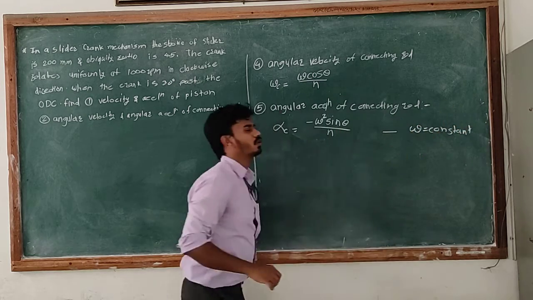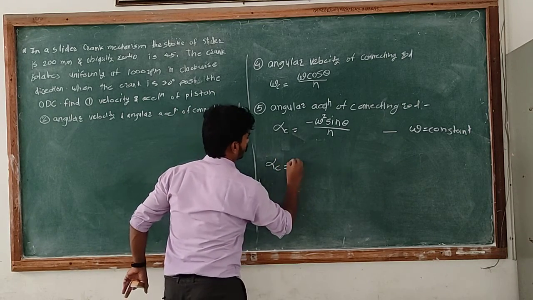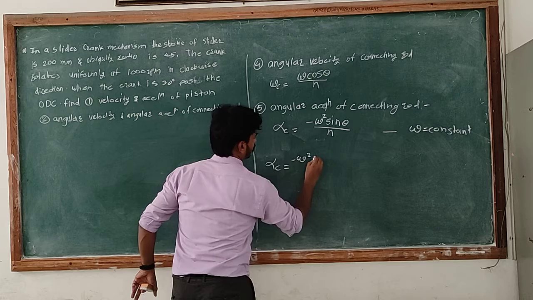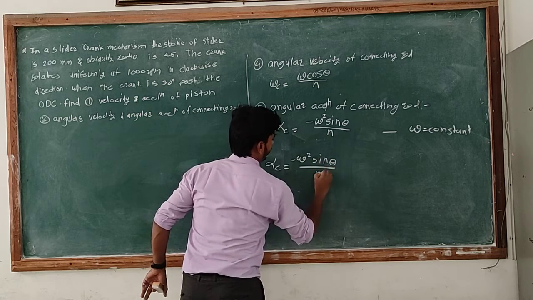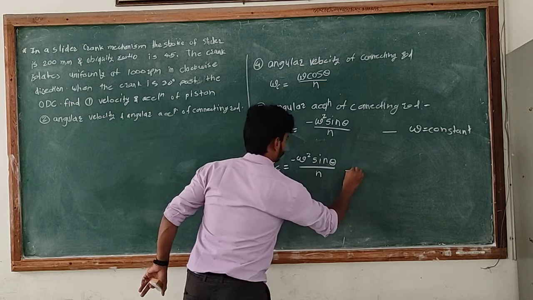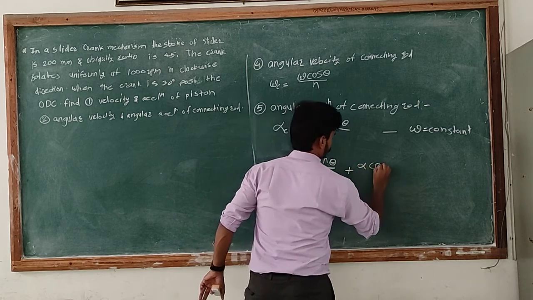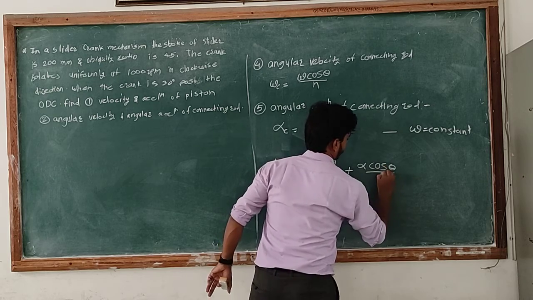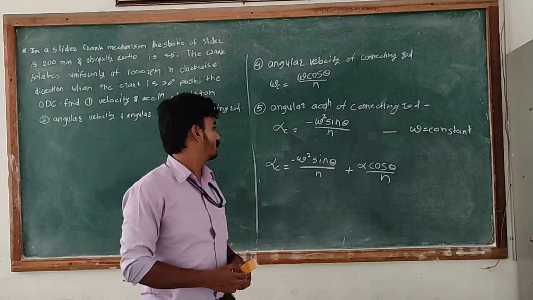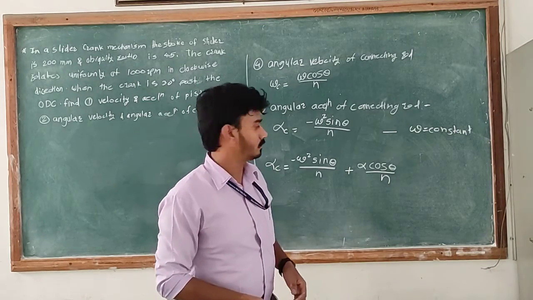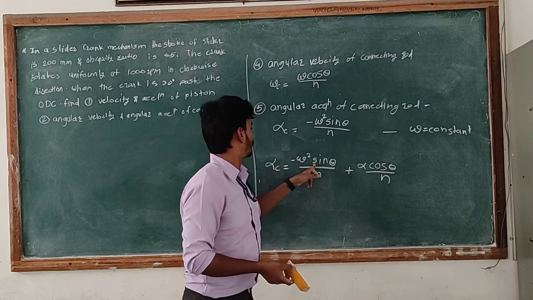When omega is not constant, alpha c is equal to minus omega square into sin theta divided by n plus alpha into cos theta divided by n.